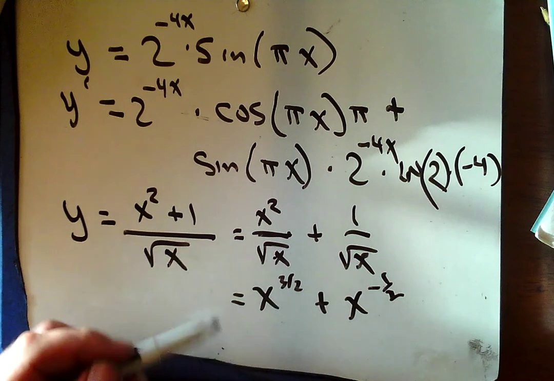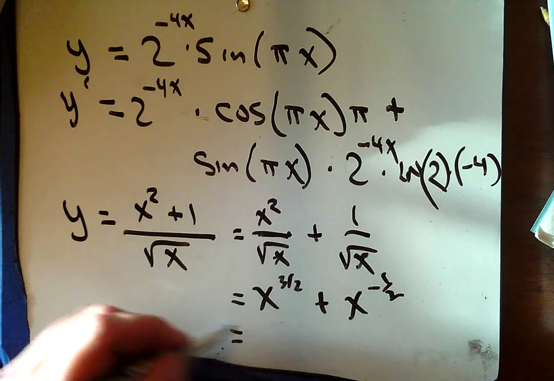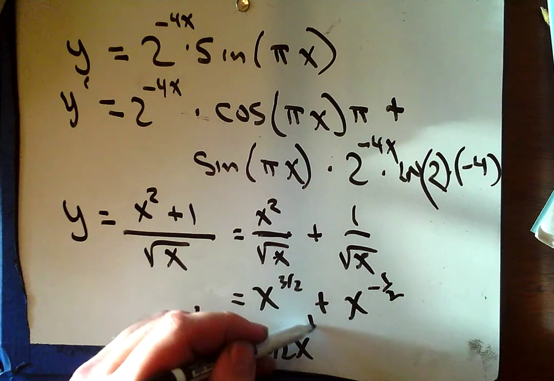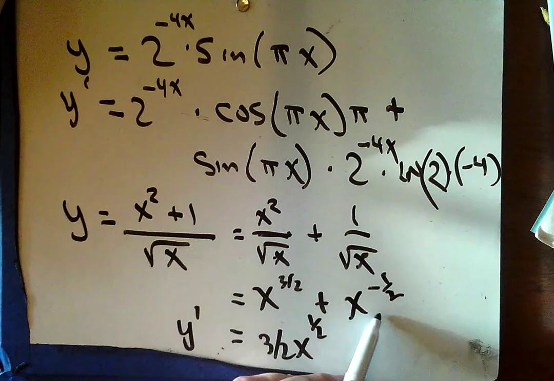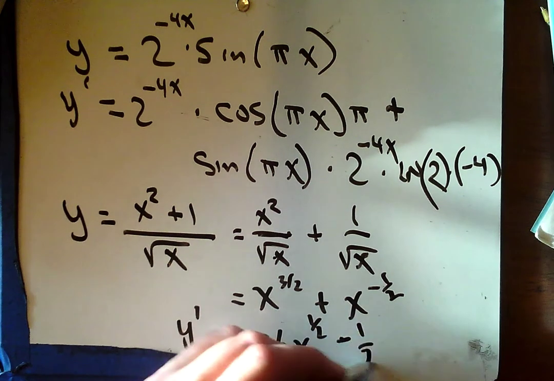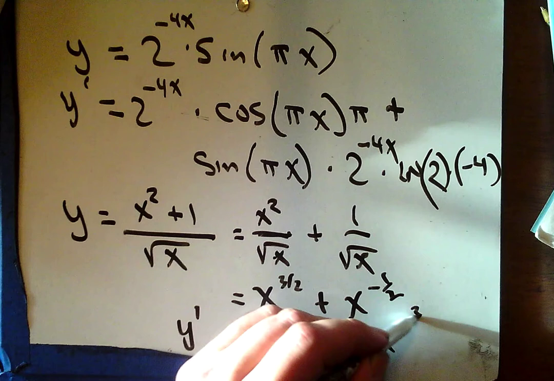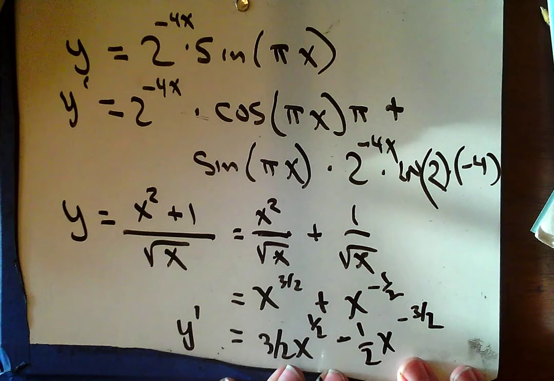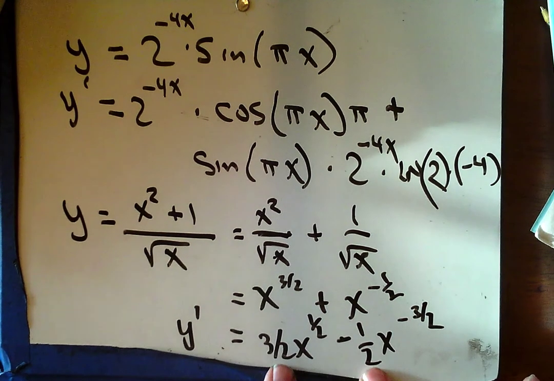This is a pretty easy derivative, so I'm going to have for y prime, 3/2 x to the 3/2 subtract 1, and then the derivative here is going to be minus 1/2 x to the minus 3/2. So that's an answer to this problem. I probably want to factor out the 1/2 and the x to the minus 3/2.